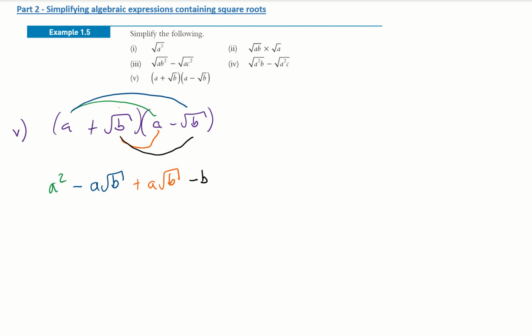So here we have a squared, minus a root b plus a root b is equal to 0. So a squared minus b is our final answer.